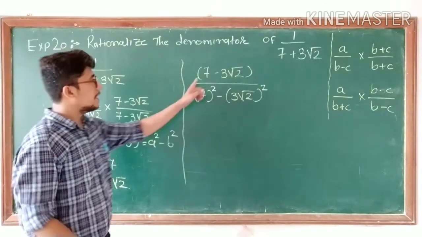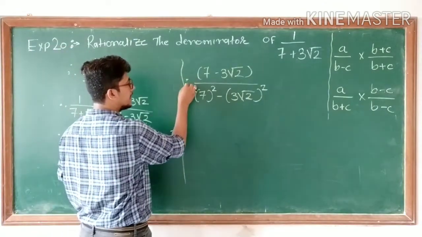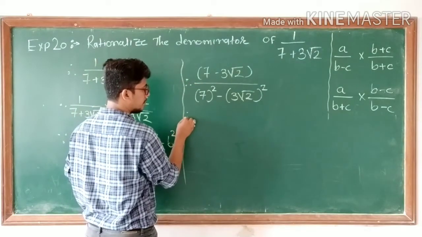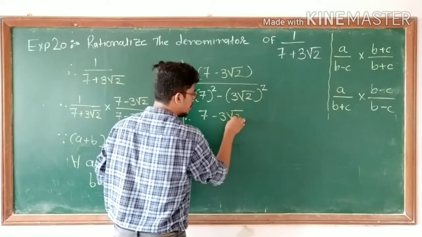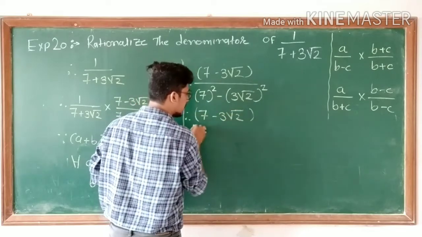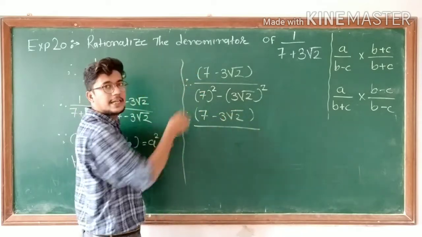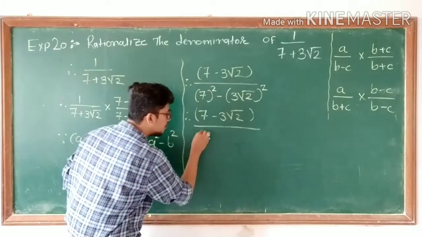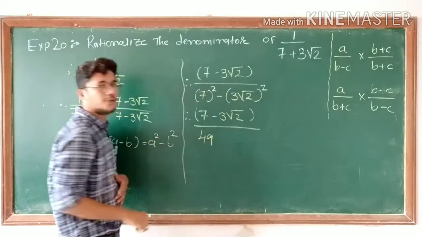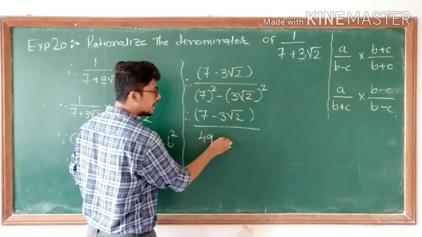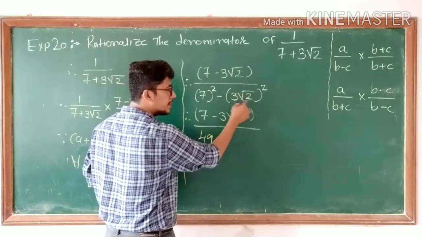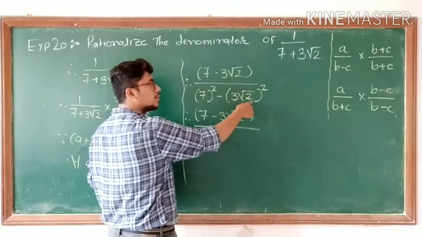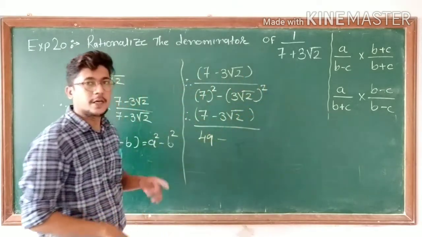So 7 minus 3 root 2 you can write as it is. What is 7 square? 7 sevens are 49. Yes or no? Yes. Now here you have two numbers which have been multiplied and they have a square also.